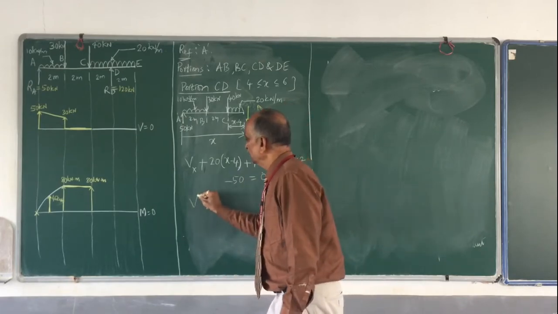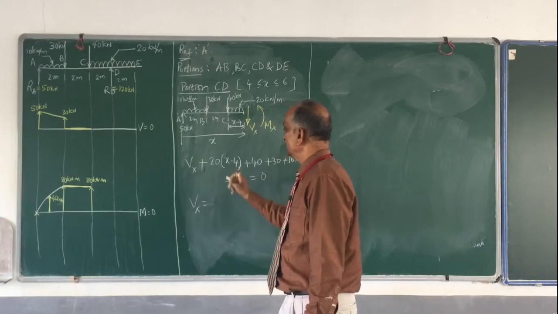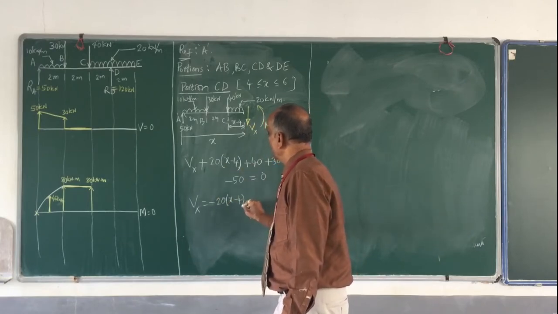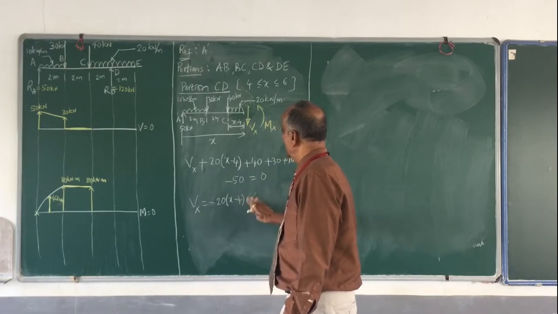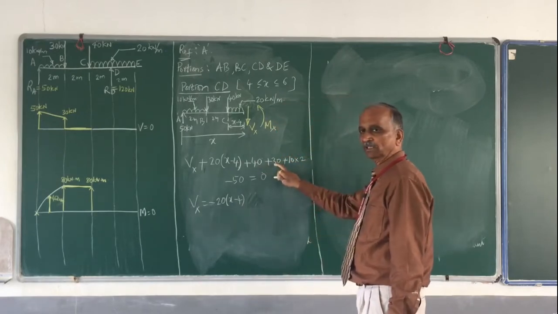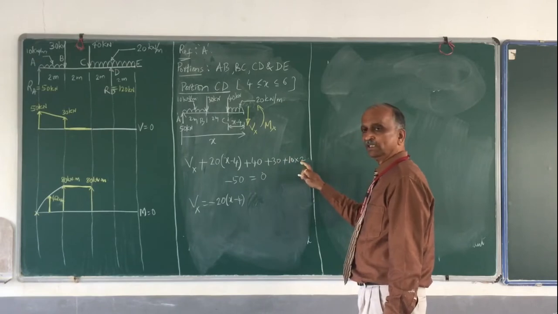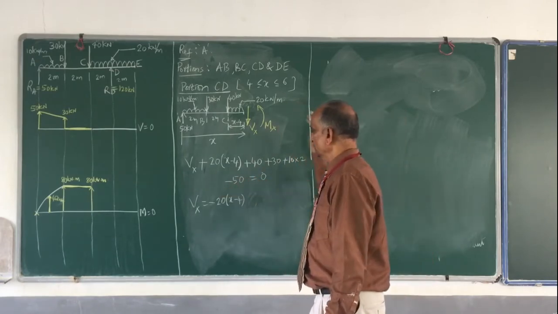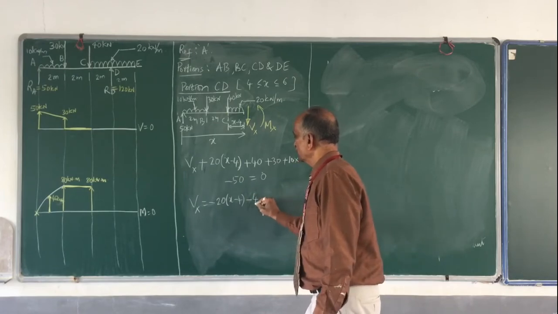So therefore Vx is equal to minus 20 into x minus 4, minus 40. Let me add this: 40 plus 30, 70. 70 plus 20, 90. 90 minus 50, 40. It goes to the other side, minus 40.